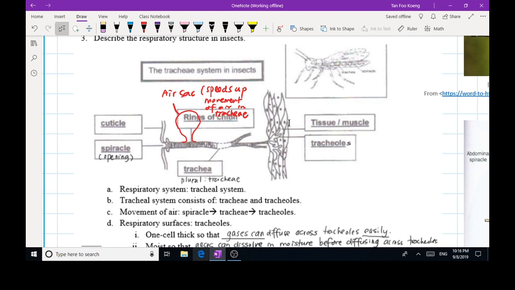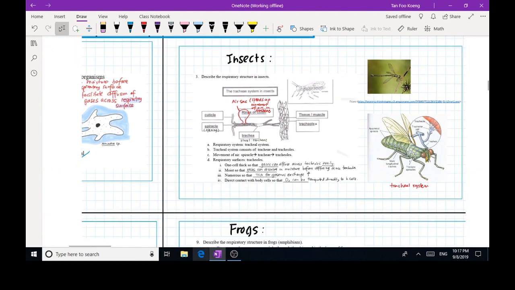So during the contraction of the abdominal muscles, air sacs will be compressed, as such it will deflate and then inflate again. During the deflation and the inflation process, the air sac can help the air to move faster in and out along the trachea. We will be able to find air sacs again in large insects such as grasshoppers, because during flying they definitely need a lot of oxygen to be given to the body cells, so that cellular respiration can take place.